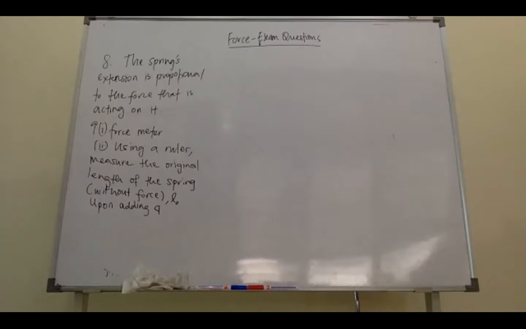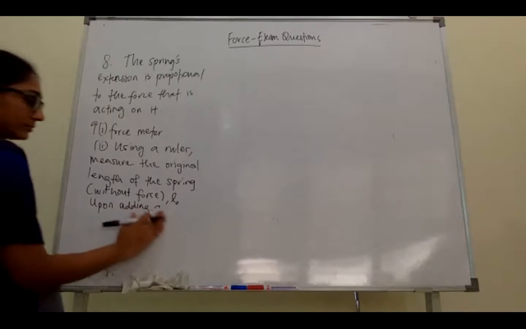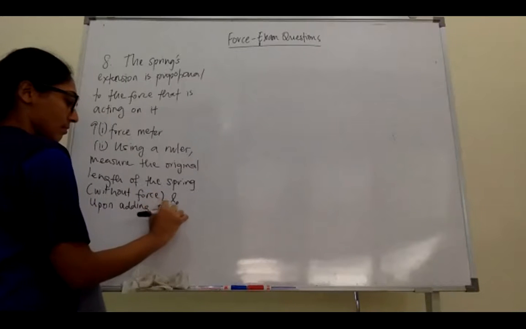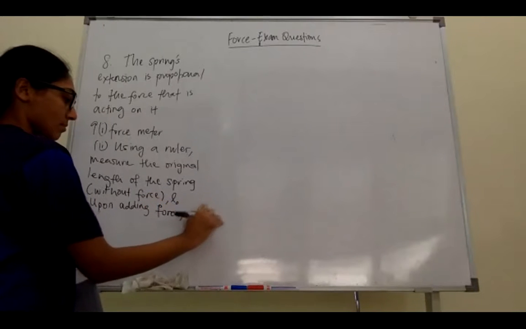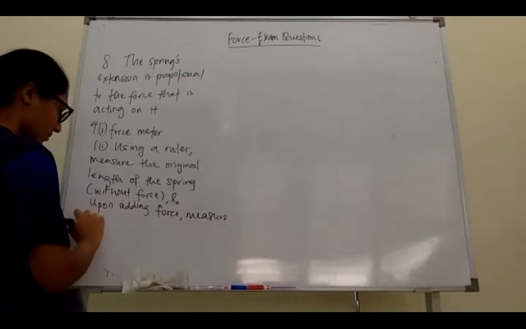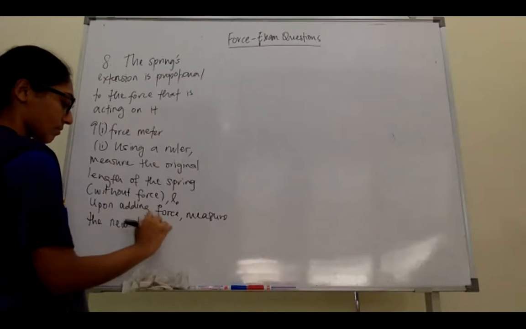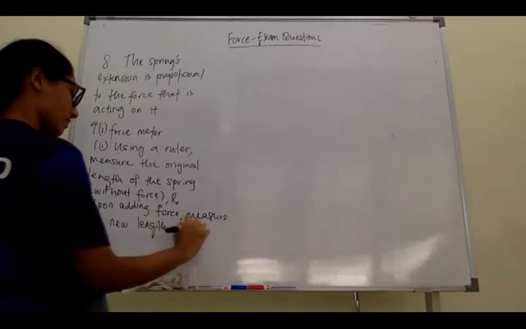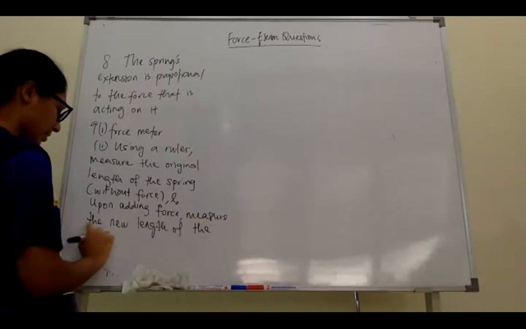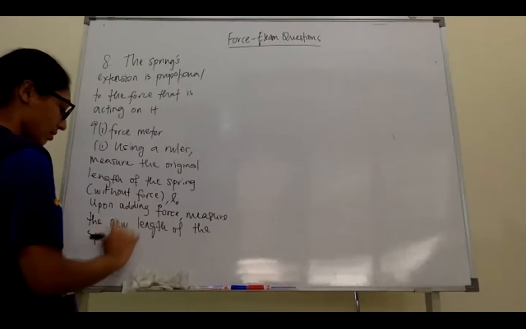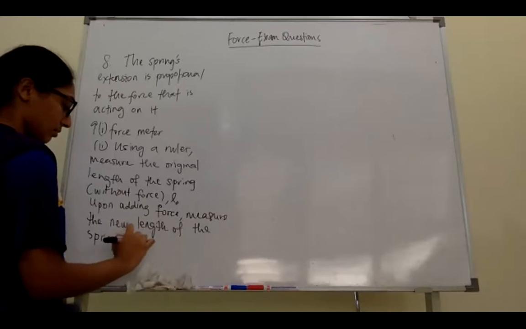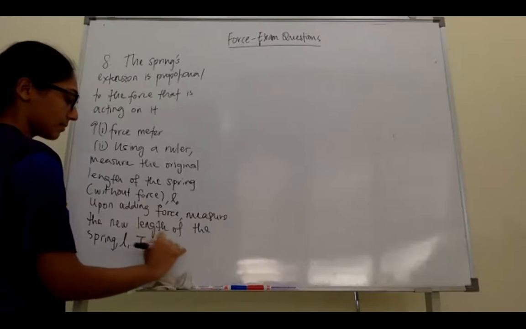But you can write it in words also. This just makes it easier so I don't have to write so many words. And then measure the force and the extension of the extended spring. And then take the extended one minus the original one.